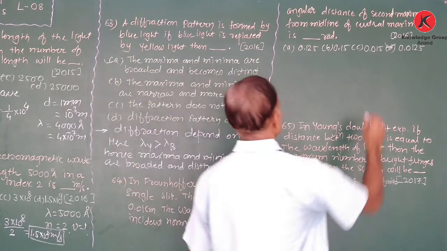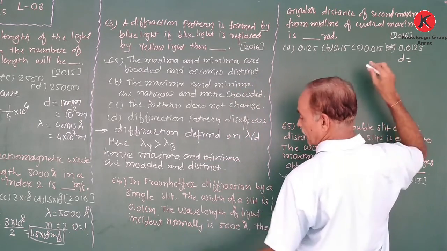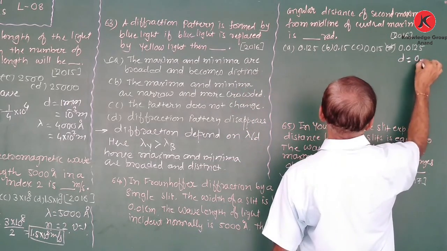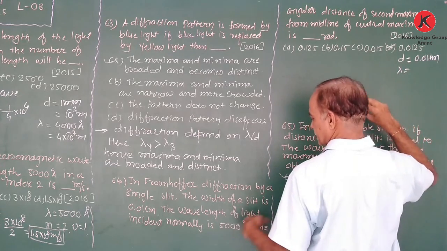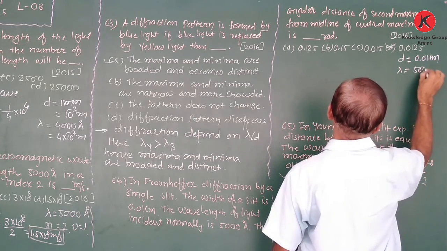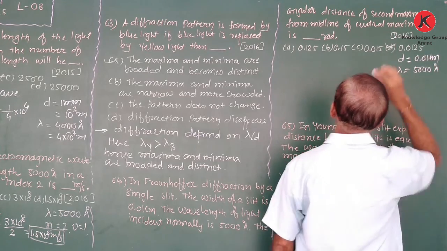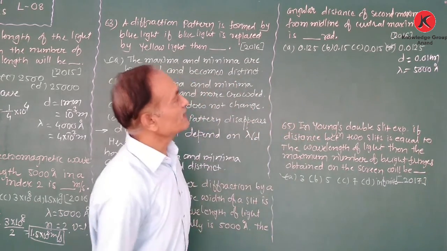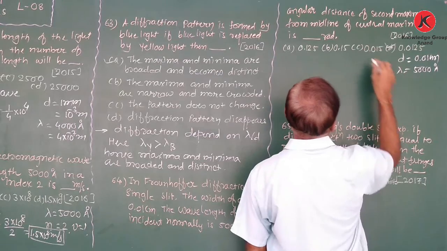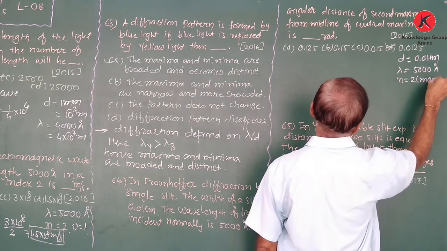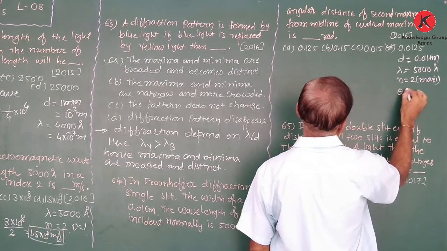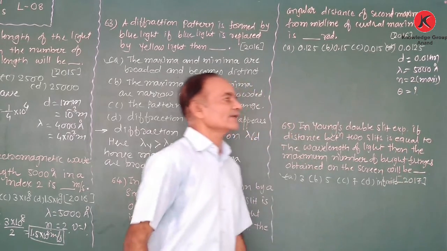Here the width of the slit is given, d is equal to 0.01 centimeter, and the wavelength of the light used is 5000 angstrom. So we have to find out theta 2, the angular distance of the second maxima.